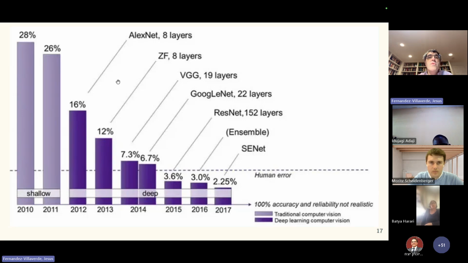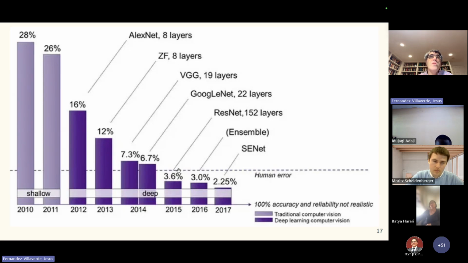Well, once we figured out that 8 layers work better than 1 layer, researchers immediately jumped, and two years later to 19 layers, 22 layers, 152 layers. And by the moment we are at 152 layers, the error was 3.6%, which is actually below human error.